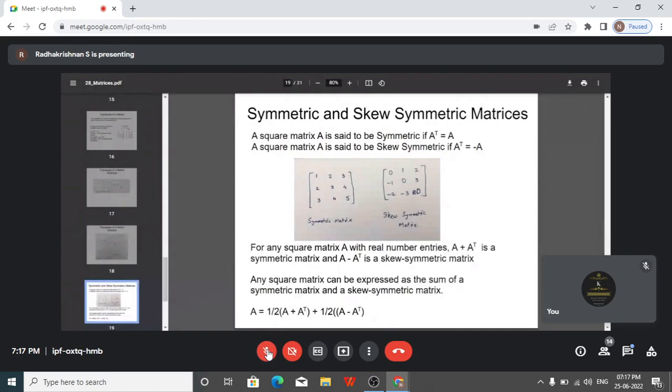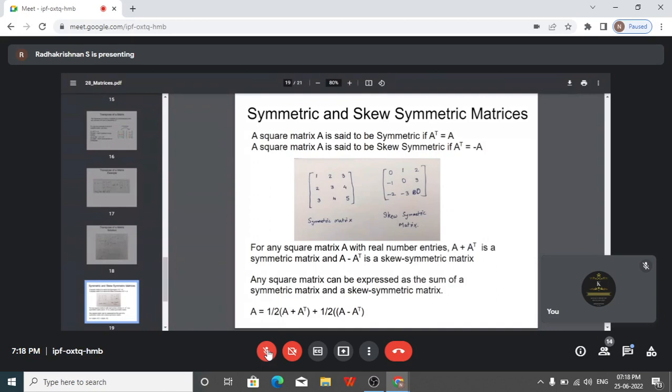There will be some problems like this. So, any square matrix can be represented as a sum of a symmetric matrix and a skew symmetric matrix. Okay, in this way, because A equals half of A plus A transpose plus half of A minus A transpose. If you simplify, it will become A, right?